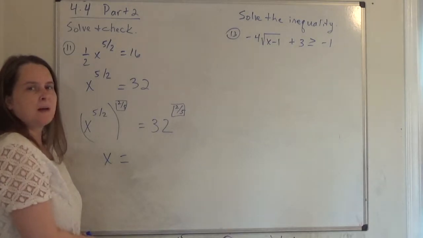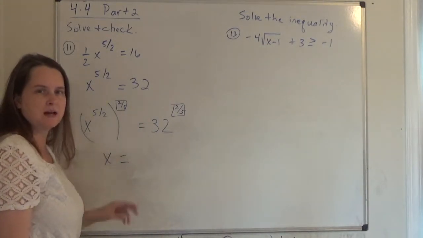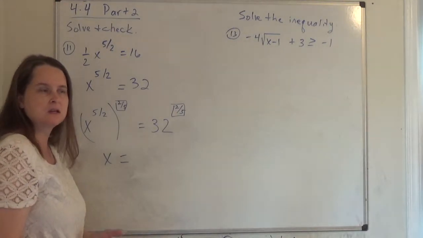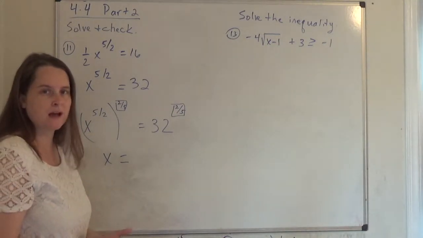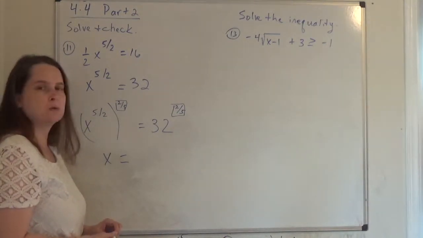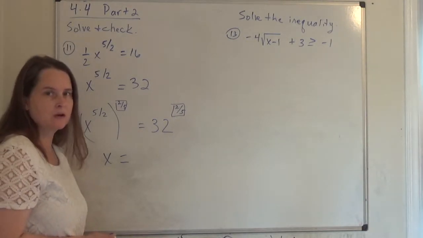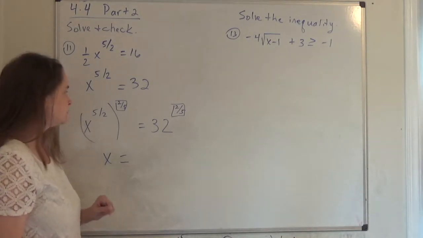And you always have to stop and ask yourself, sometimes you have to do plus or minus. Remember, sometimes when you apply a radical to both sides of your equation, you have to do plus or minus. Like if you take the square root of both sides, you have to do plus or minus the square root of that constant. If you're doing any even root, a 4th root or a 6th root or an 8th root, etc., you do plus or minus that radical.